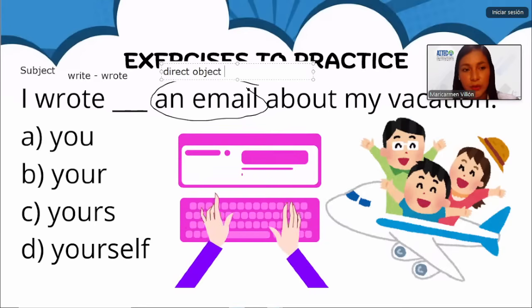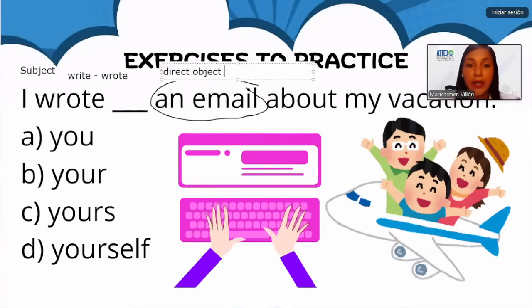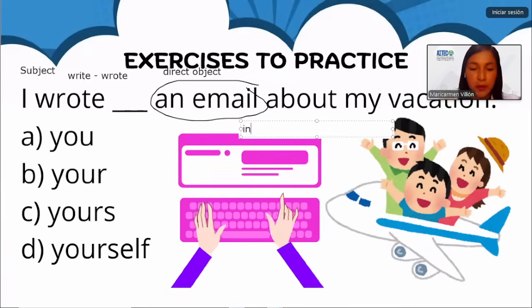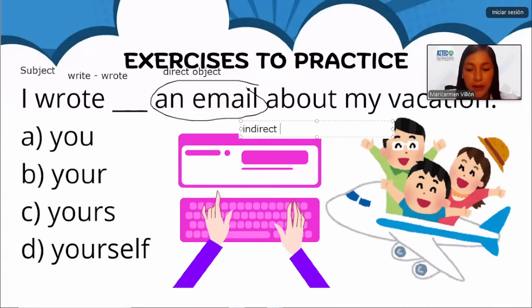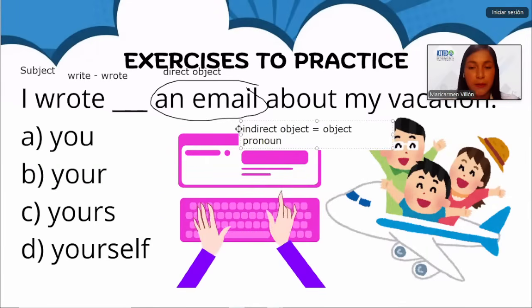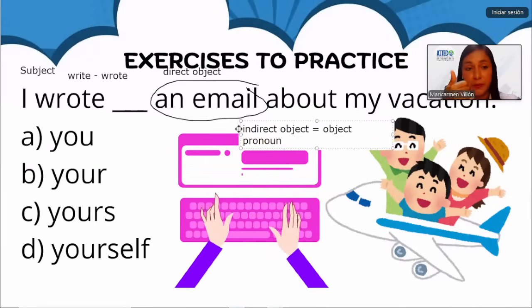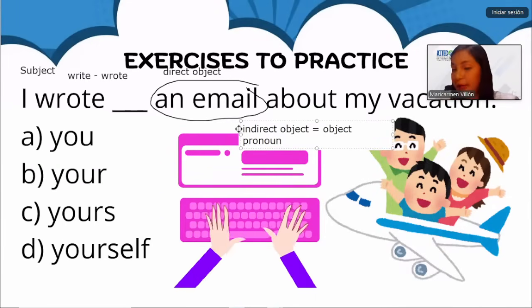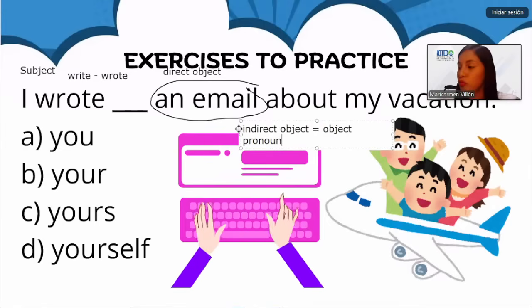Do you think it's you, yours, or yourself? Recuerden que, nuevamente lo explico, indirect object es lo mismo que object pronoun. ¿Cuál es el object pronoun? Es I personal pronoun, I possessive. I wrote.